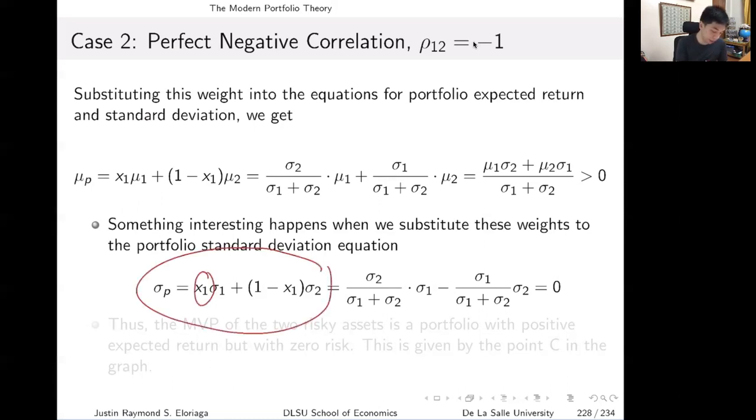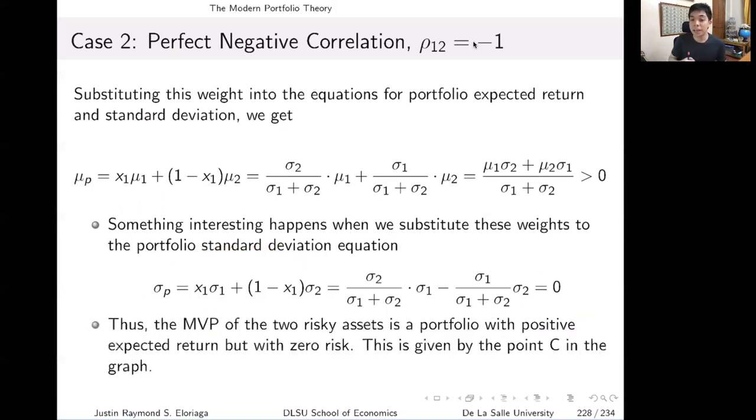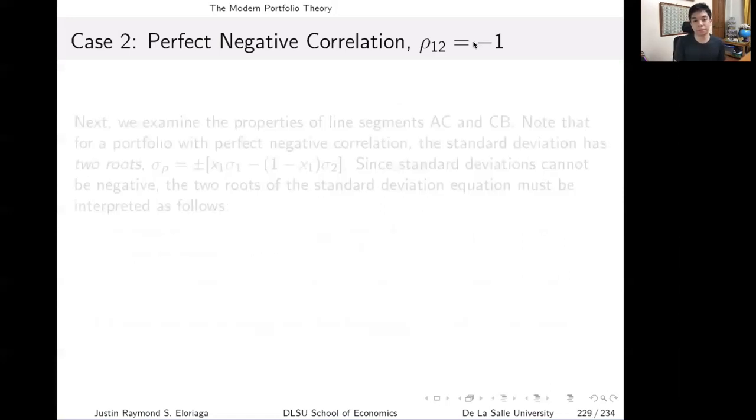If you plug in X1 and then 1 minus X1, that's just X2, okay? You get this one, which is equal to 0, right? And that's an interesting case, right? Thus, the MVP of the two risky assets is generally a portfolio with a positive expected return, but with zero risk, right? And this is given by the point C in the graph that we've had.